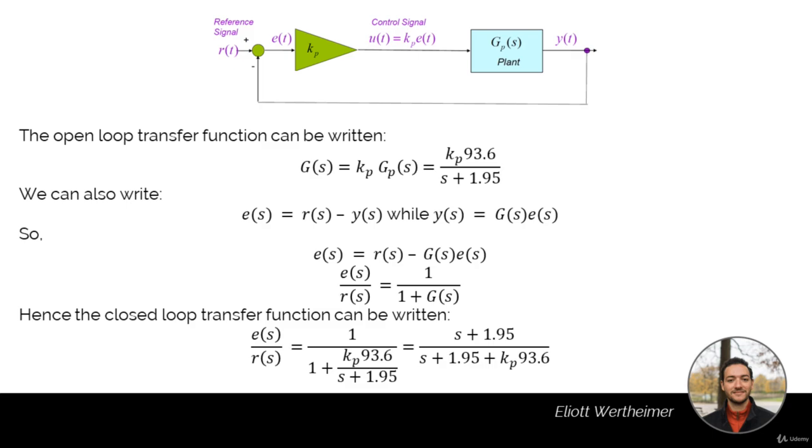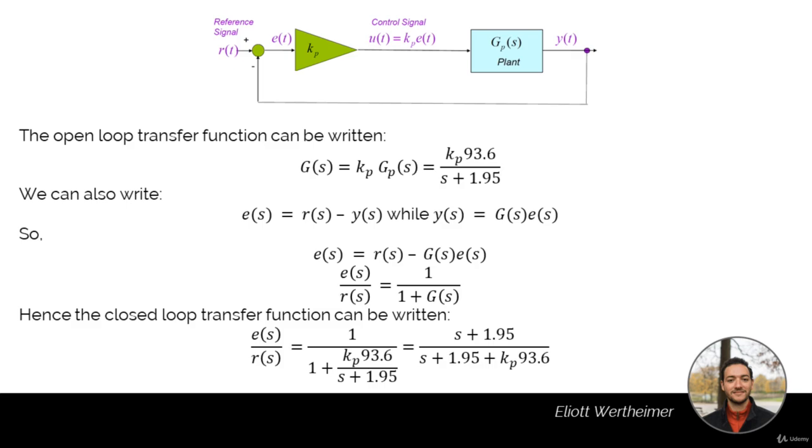So the error is E(s) equals R(s), the reference, minus Y(s), the output. But we know that Y(s) is equal to G(s), which is the open loop transfer function, multiplied by the error E(s). So we have that the error E(s) is actually equal to R(s) minus G(s) times the error itself.